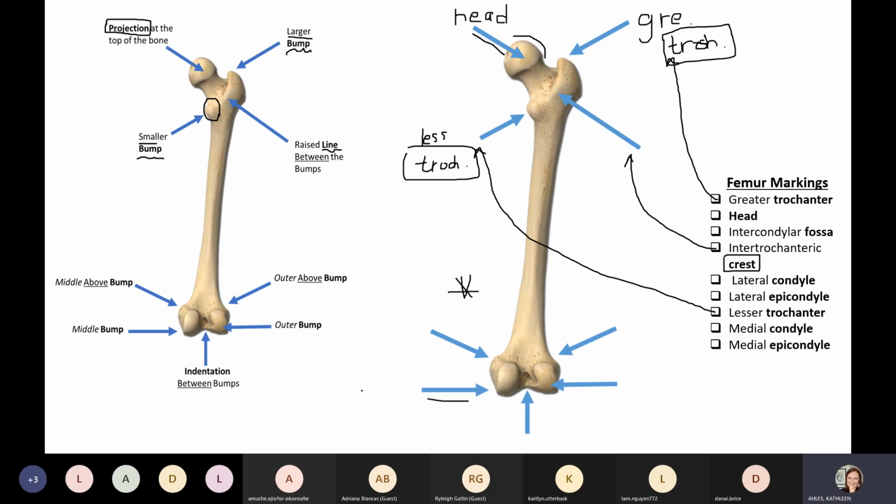Yeah, exactly. This is going to be my medial condyle. My bump that's on the middle side. So this word condyle means a bump. We've got the lateral condyle over here. Again, condyle always means a bump. Lateral condyle.